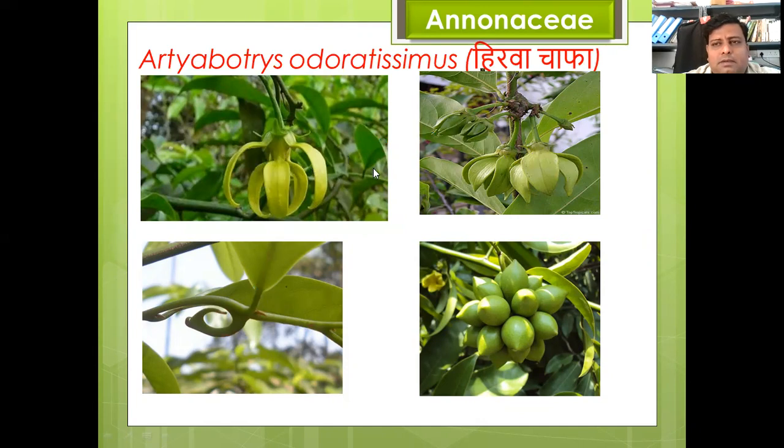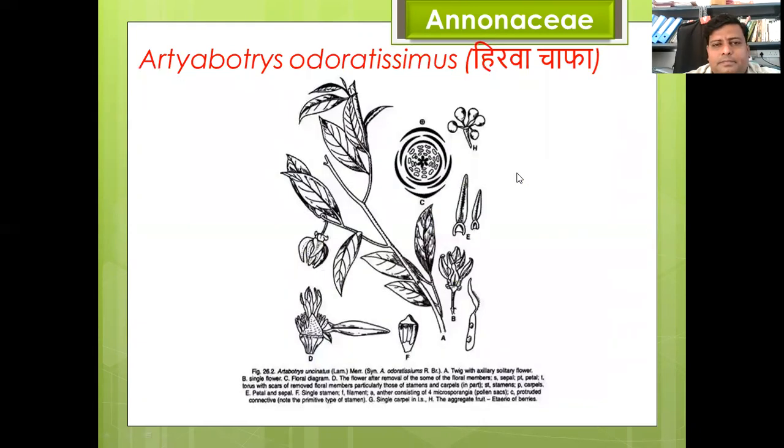The smell is like champa, so it is called Hirva Chafa. Here is the diagrammatic representation of Artabotrys. Here is the floral diagram. This is the twig, showing the leaves and all.